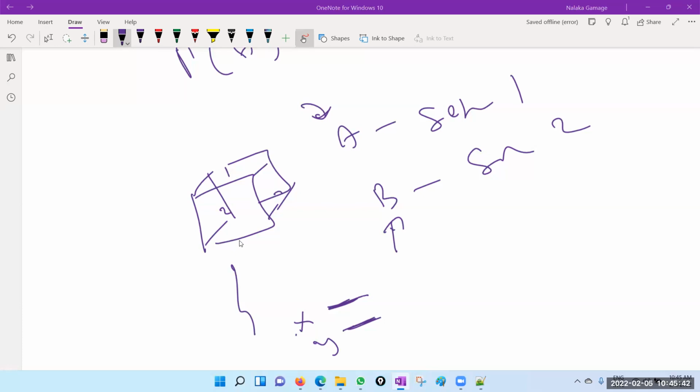Now you can see that none of the outcomes satisfy both. If you take something like 3, it satisfies X but not Y. If you take something like 1, it satisfies this but not Y. If you take something like 2, it satisfies this but not this. If you take something like 4, it doesn't satisfy either. That is fine, but none of the outcomes must satisfy both.